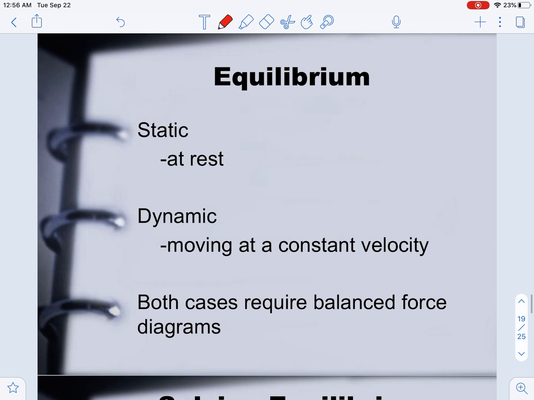When we're looking at equilibrium problems, there are going to be two different types of equilibrium. Static, meaning that our object is at rest, or dynamic, meaning our object is moving with a constant velocity. Both of these tell us that our acceleration is zero.